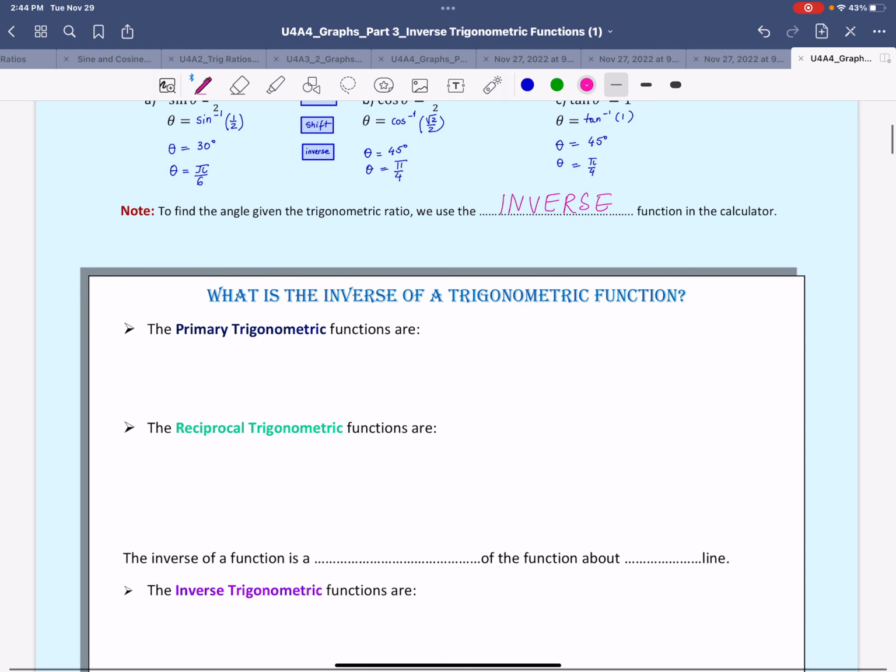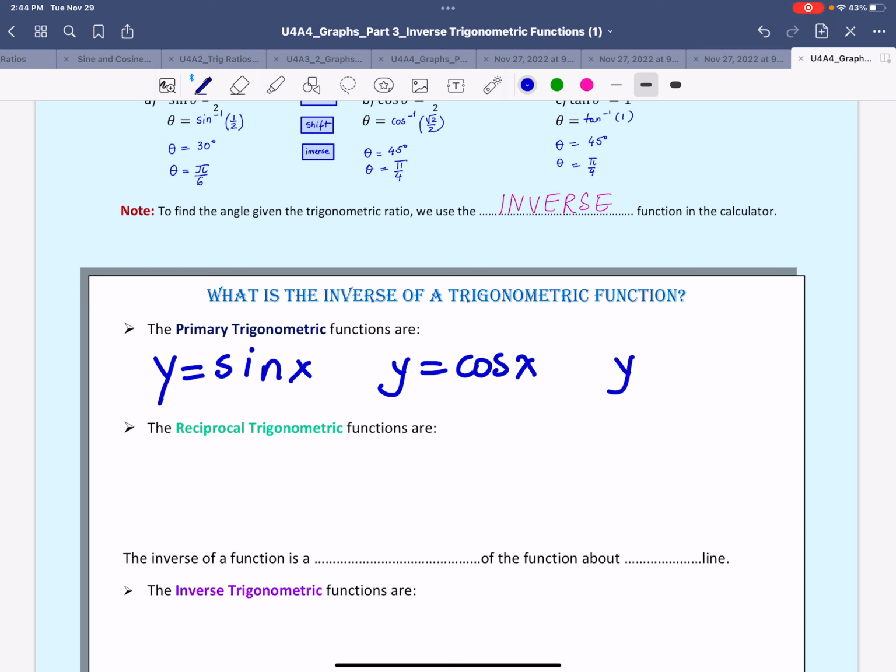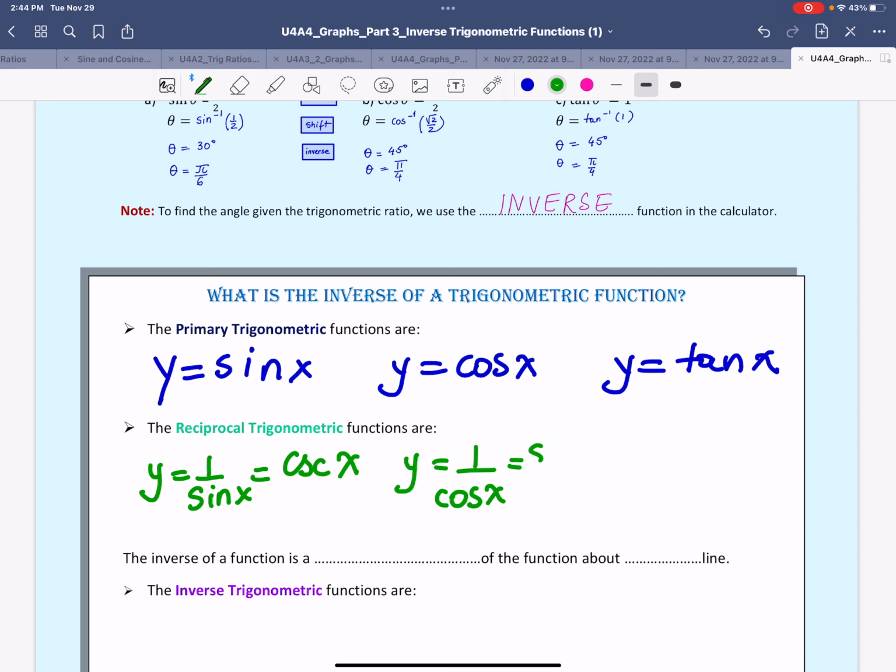So recall that the primary trig functions are y equals sine of x, y equals cosine of x, and y equals tan x. And in the lesson prior to this, we looked at the reciprocals, which are y equals 1 over sine, or cosecant x, y equals 1 over cosine, which is secant x, or y equals 1 over tan, which we call the cotan x.